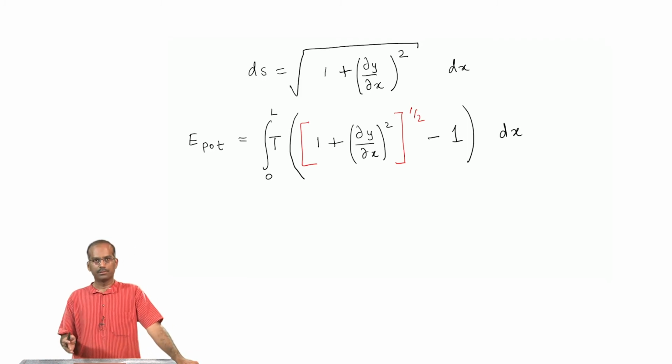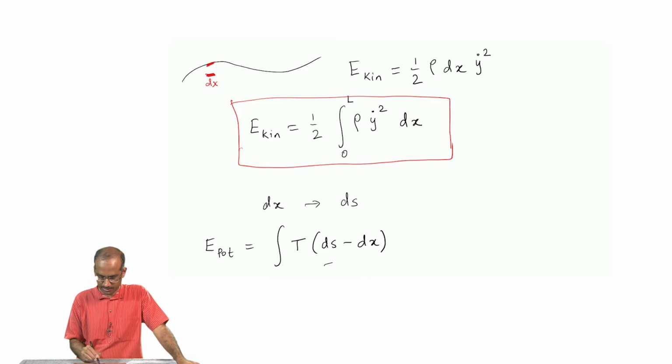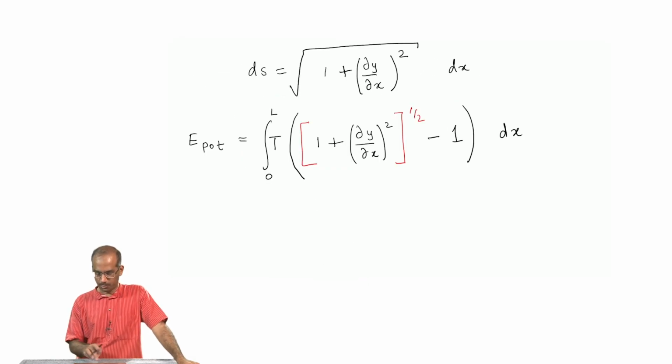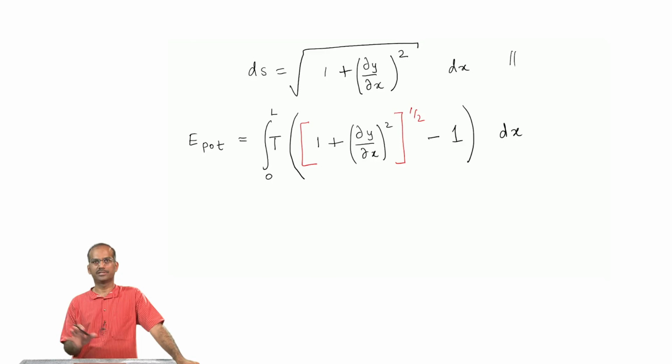Now that we have this expression for ds, we just need to plug it in here, and if you do that, this is what I get. E potential energy is an integral over ds minus dx. ds can be written in terms of dx like I have done here. So, everything fits into this equation.